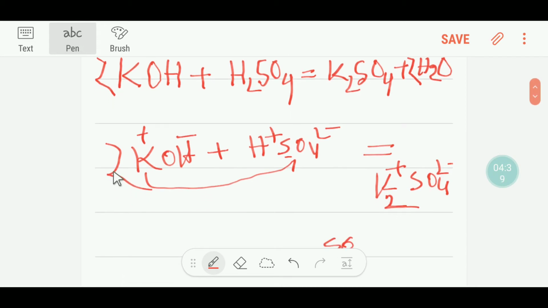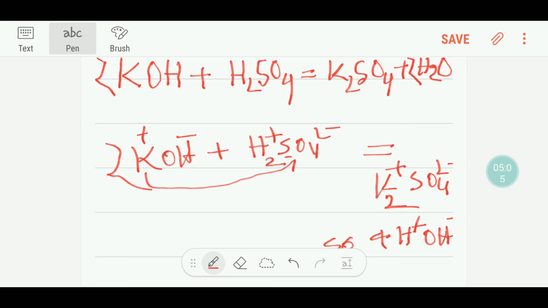Okay, so if you put here 2, then you are getting 2 hydroxide ion, right? And this hydroxide will go with hydrogen ion, right?